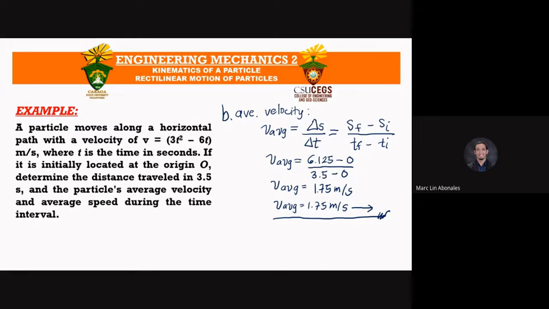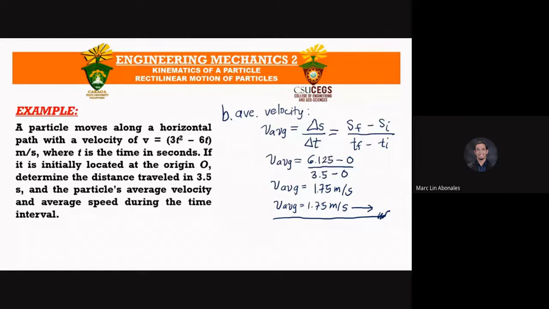So kung 2 seconds ang atong i-consider, ang atong final position will be -4 minus 0, then 2 minus 0. So what happens? Negative ang atong mga ma-come up na velocity, then the direction will be going to the left because ang atong na come up na value or ang sign mismo sa atong velocity here is negative. So the direction for this one is going to the left na mismo.